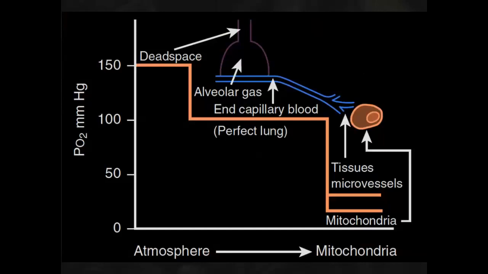And then after the blood goes to the tissue, oxygen content in the blood drops all the way down in the microvessels to around 20 and almost 10 by the time it reaches the mitochondria.